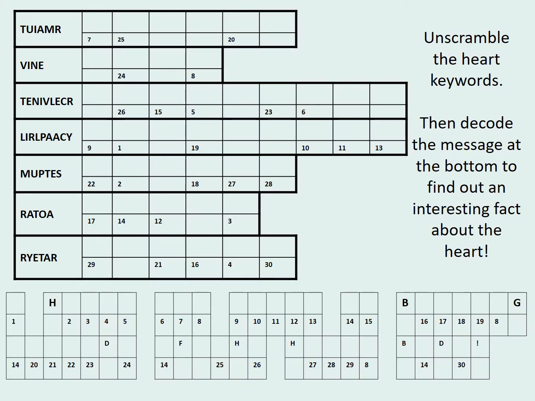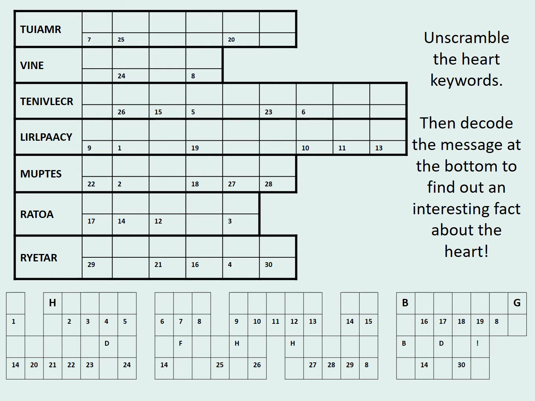What I would like you to do, it's a bit of a complicated one in terms of what you need to do for it. It's not so hard in terms of how much thinking you're going to have to do. We're going to have a little bit of an unscrambling of words and then using it to crack a code. So you'll see that there are some jumbled up words.